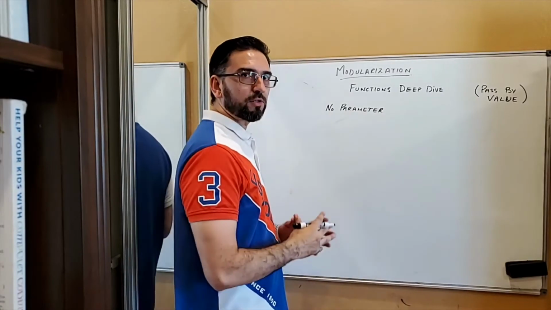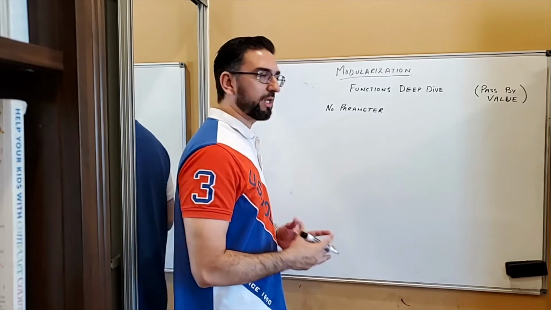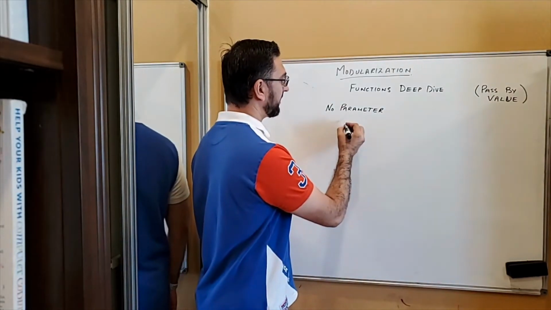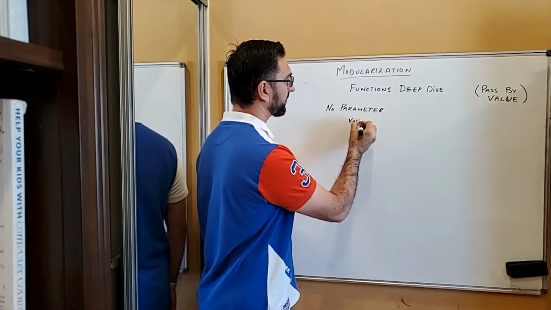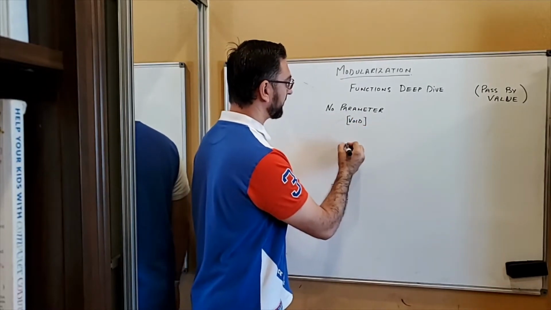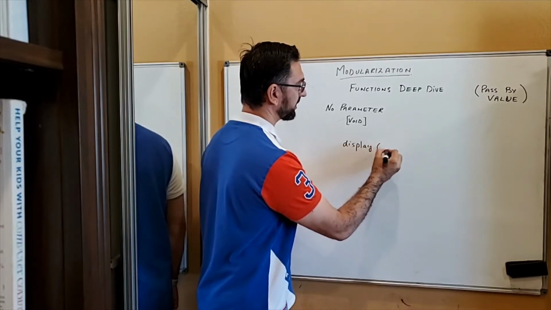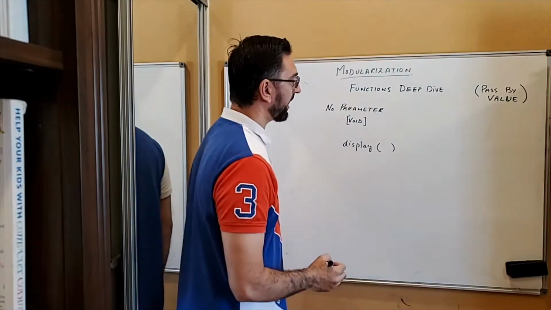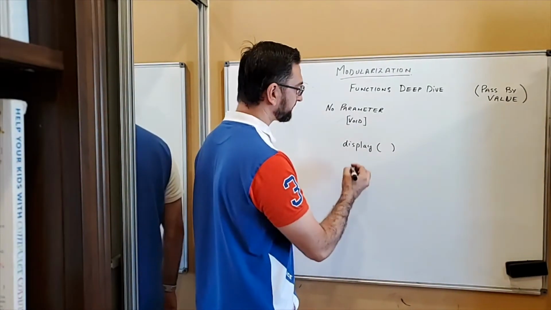Now there are also functions which do not take any input parameter. In that case, their input is actually void. So for example, if I have a function which just displays a message to the user, I will just have empty parentheses with no parameters defined.